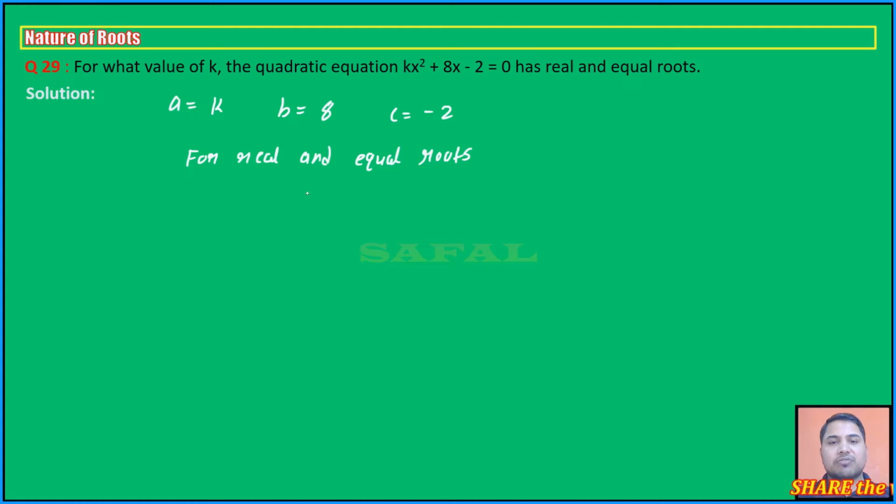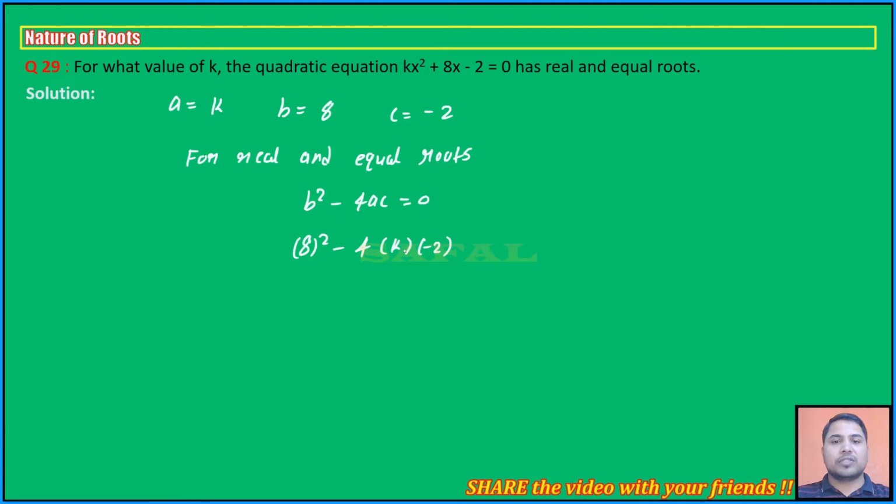Discriminant, that is B square minus 4AC, must be equals to what? 0. So B की वैल्यू कितना है अपने पास? 8. So 8 square minus 4, A is how much? K, and C is how much? -2. Okay, so what I'll get? Equals 0.